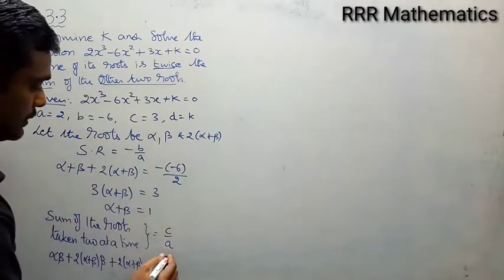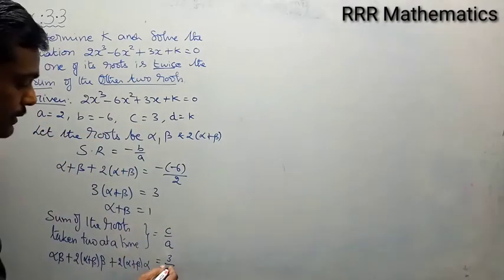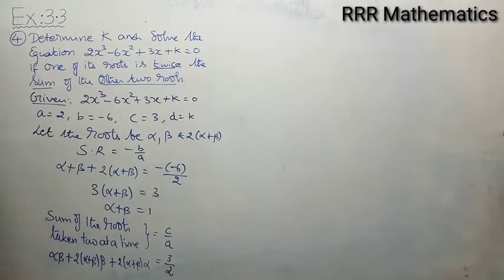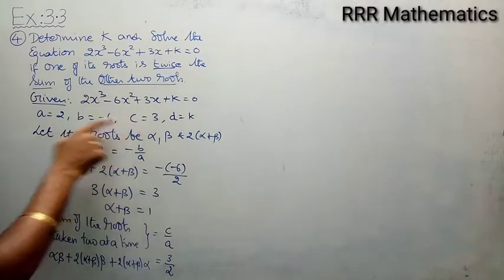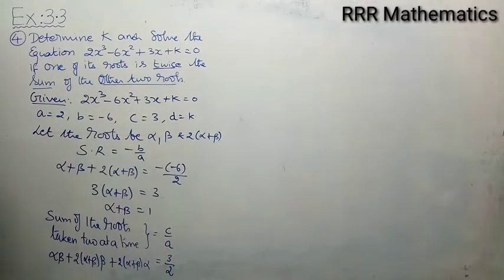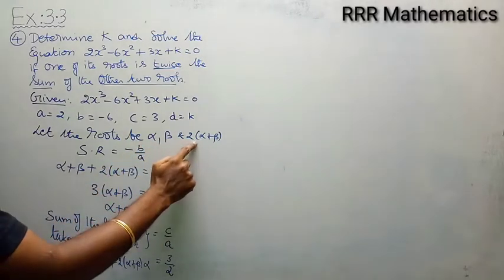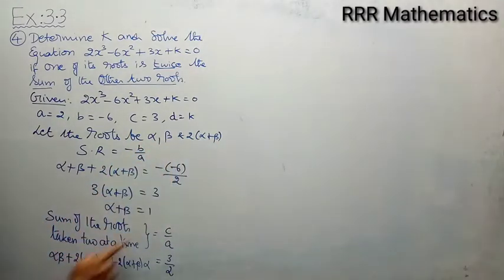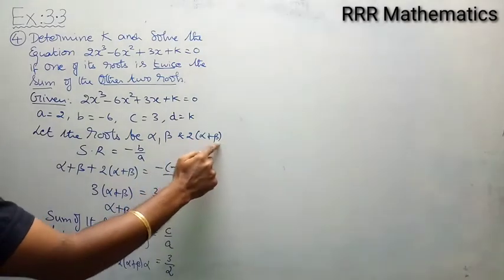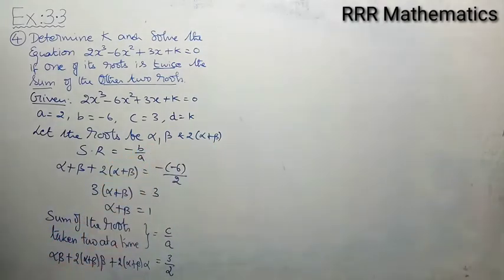What is c? 3. a is 2. Got it? I'll repeat. Sum of the roots taken 2 at a time, c by a, which is 3 by 2. That is alpha into beta, 2 times alpha plus beta into beta, then 2 times alpha plus beta into alpha.